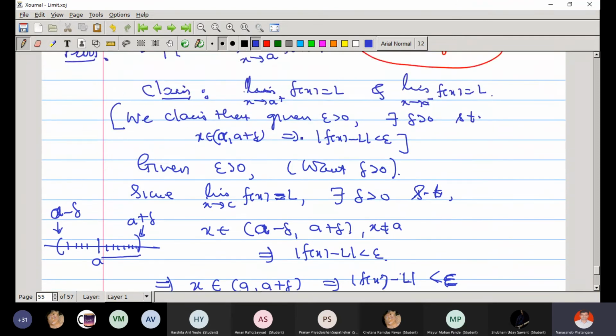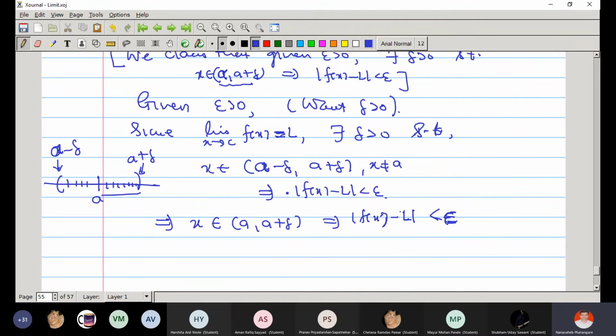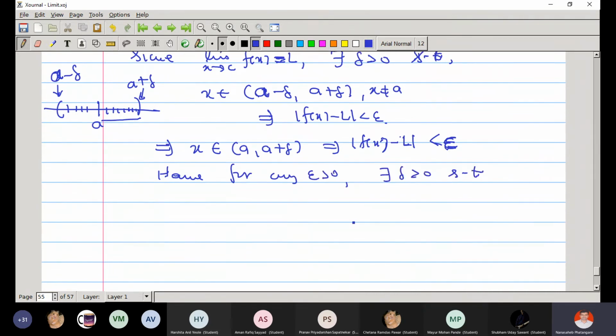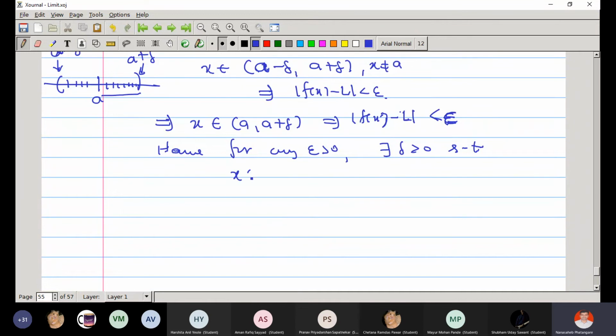This is what we wish to prove. We claim that given epsilon there exists delta whenever x is in this neighborhood. We have this. So this is true, right? Hence, for any epsilon, certainly we can produce delta such that x belongs to (a, a plus delta) implies the distance between f(x) and L is less than epsilon.